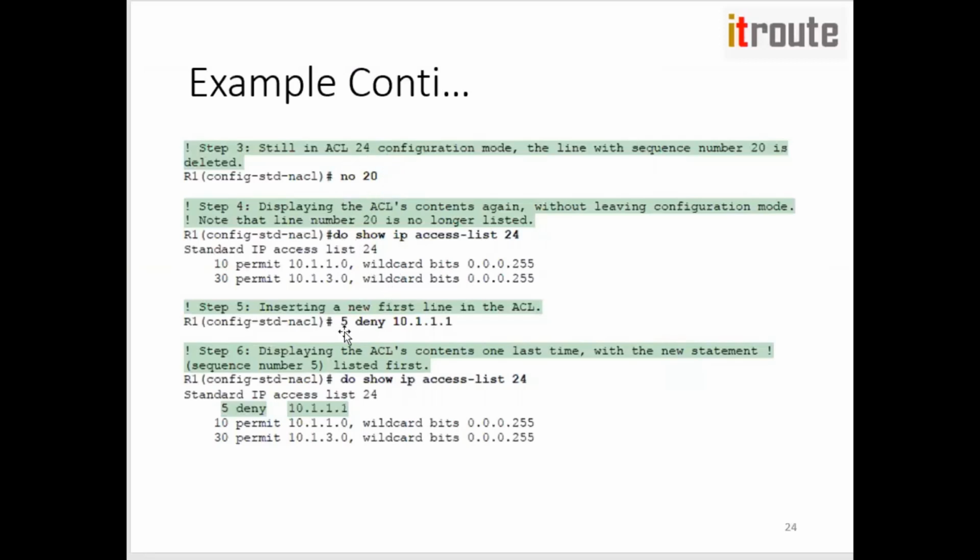If you want to insert a new line, simply put 5 deny, and this line will be added. If you want to insert another line before 30, you can put 20 permit or deny, so you can put the line in the middle.